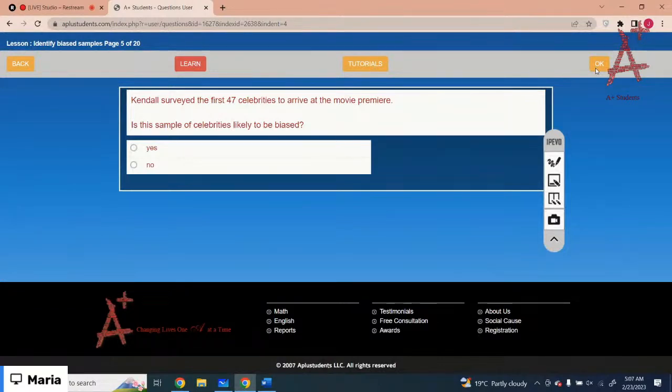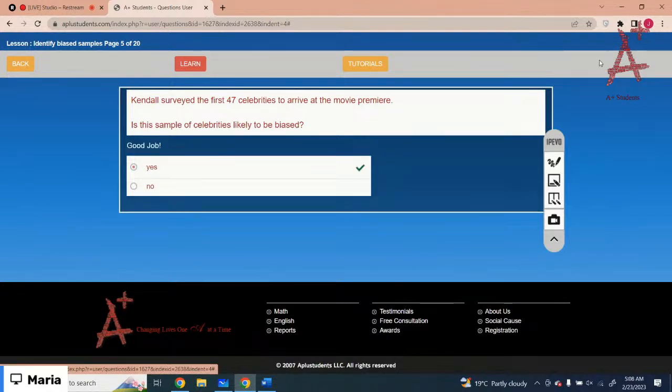Is this sample of celebrities likely to be biased? Yes, it is biased. Because out of all the celebrities, she just surveyed 47 of them. Got it?